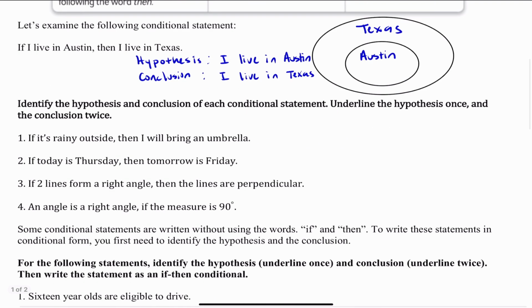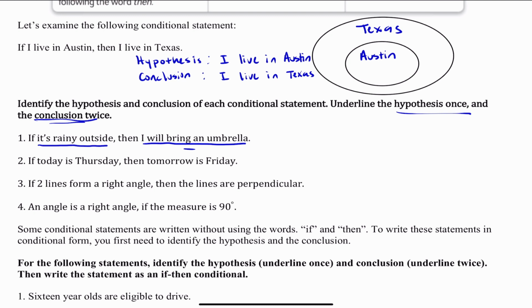Let's go ahead and identify the hypothesis and conclusion of each conditional statement. Underline the hypothesis once and the conclusion twice. If it's rainy outside, then I bring an umbrella. Here's my if, and there's my then, so I underline the hypothesis once and the conclusion twice.